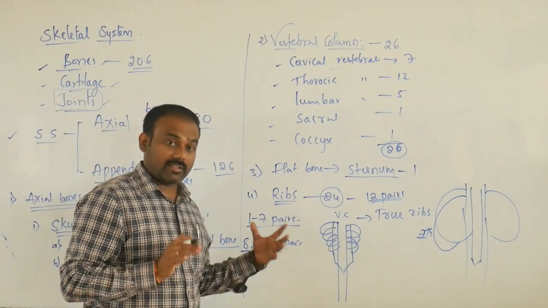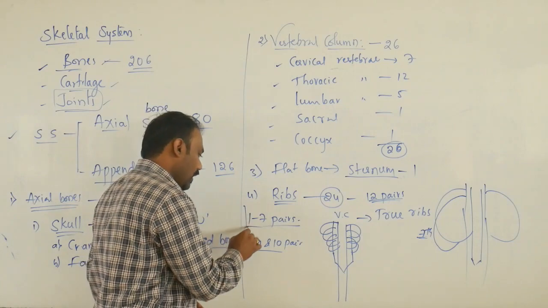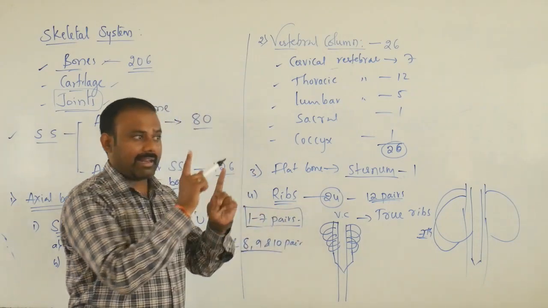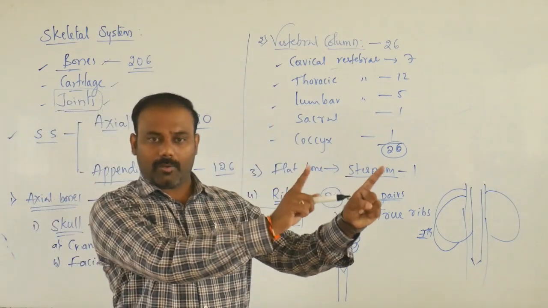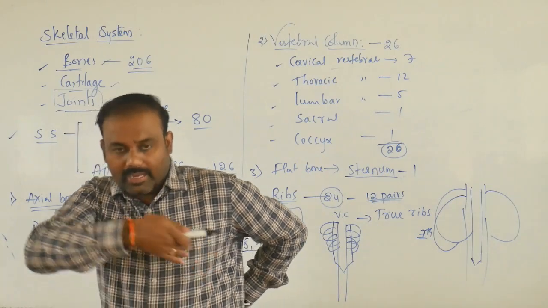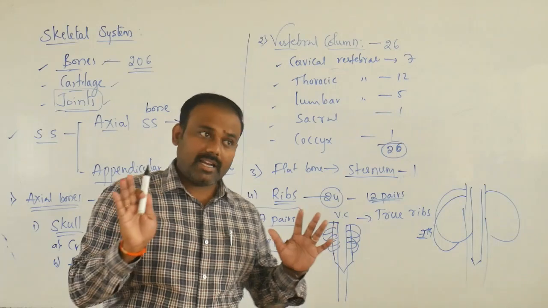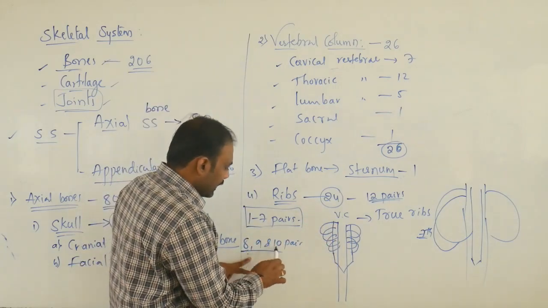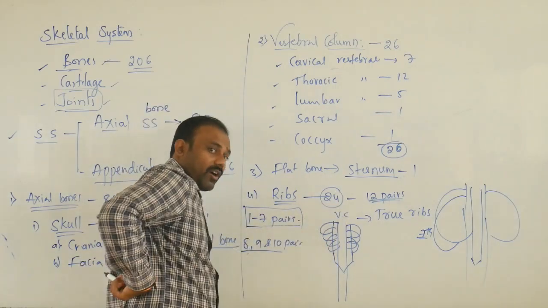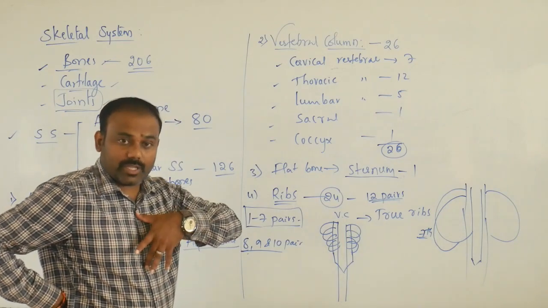You need to remember that the 1 to 7th pairs directly arise from the vertebral column, dorsally, and are ventrally attached to the sternum, so they are called true ribs. And the 8, 9, 10th arise from the vertebral column but are not attached directly to the sternum.